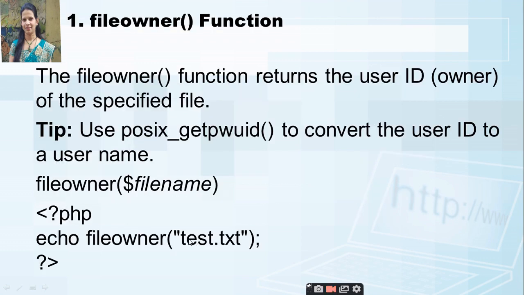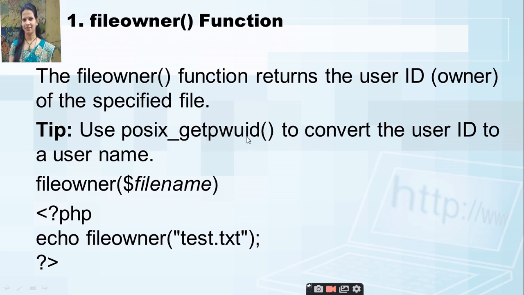Then next, we are using the function fileowner. The fileowner function returns the user ID of the owner of the specified file. For that we are using the posix_getpwuid function.